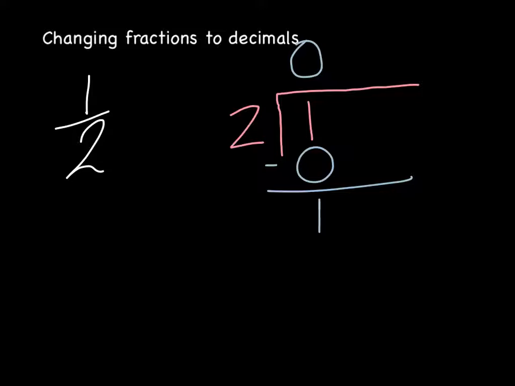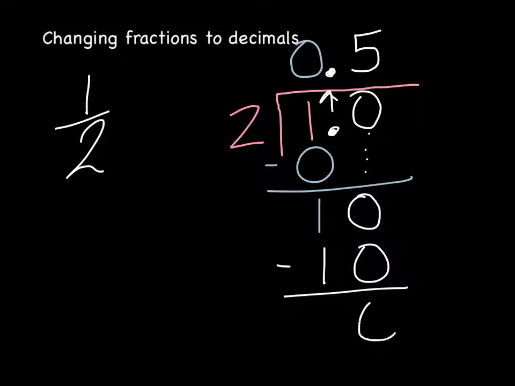We want to add a decimal and a 0, and that decimal comes straight up top, and then we drop this 0 down, and now we say 2 can divide into 10 5 times. And 5 times 2 is 10. And when I subtract this time I get 0, and that means I'm finished. So 1/2 is equivalent to 0.5.